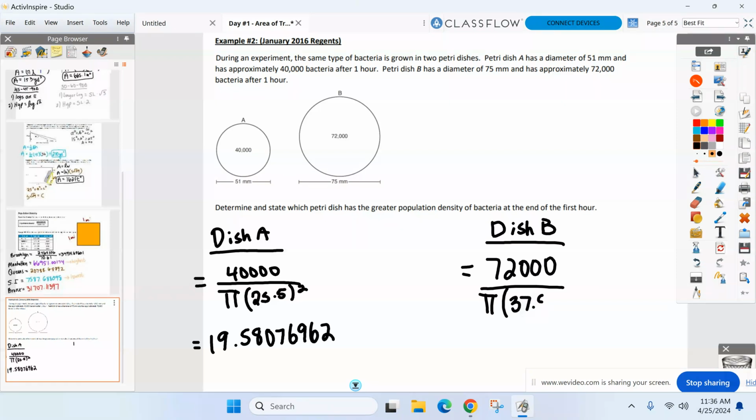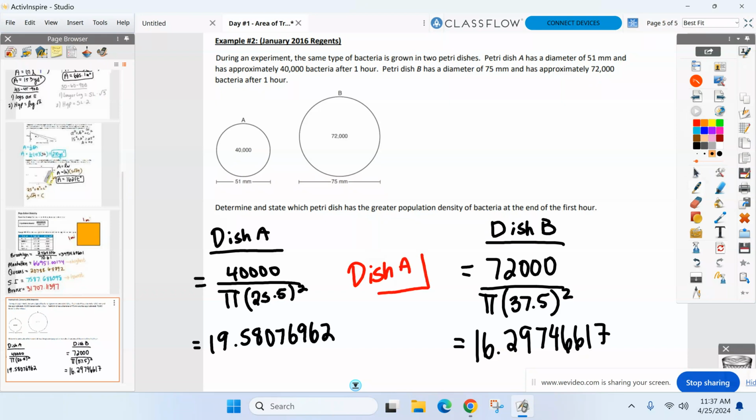And then 37.5 for the radius of dish B. Bacteria per square millimeter. Pretty close. But by about three bacteria, dish A has the higher population density.